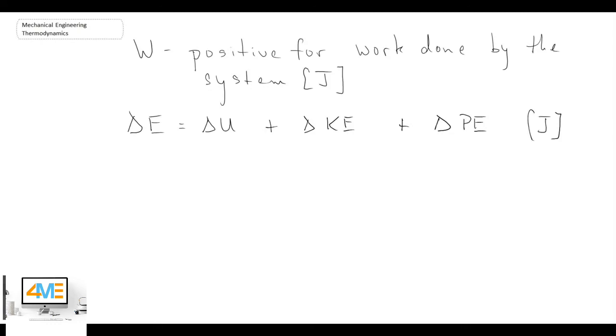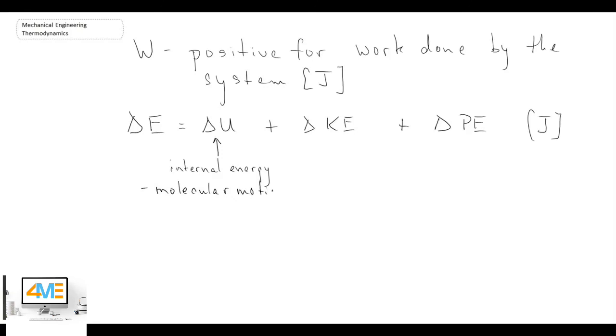Now, looking specifically at each of these, delta U, or the internal energy, refers to the internal energy of the substance or the matter that is part of the thermodynamic system that we're considering. And this would be in the form of molecular motion.